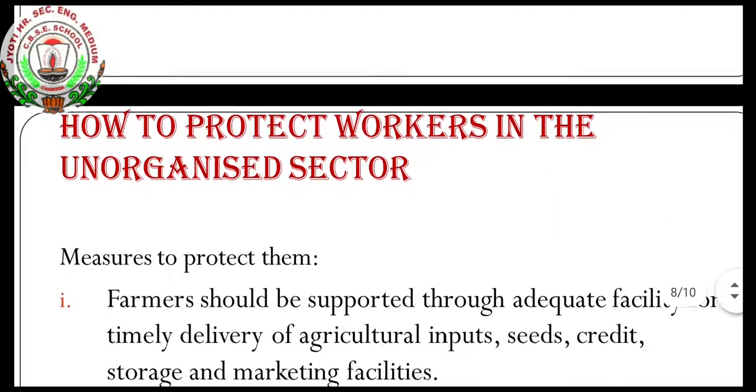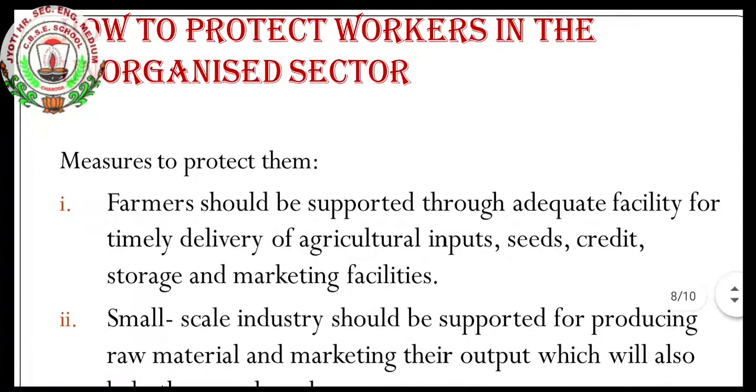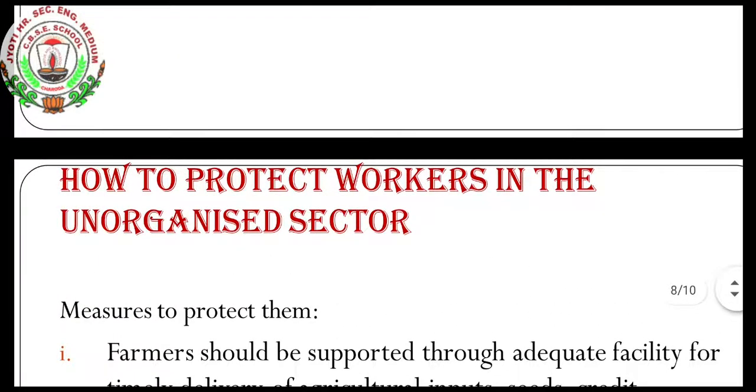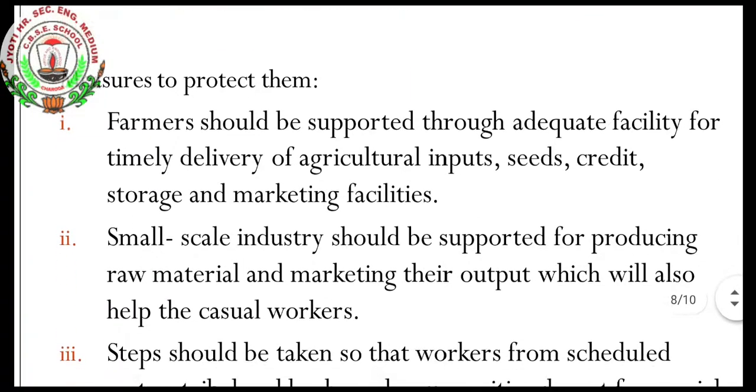Now, how to protect workers in the unorganized sector? Measures to protect them means how to protect the workers in the unorganized sector. We have seen that the organized sector has all the facilities by the government and rules and regulations, but for the unorganized sector there should be some measures to protect them.